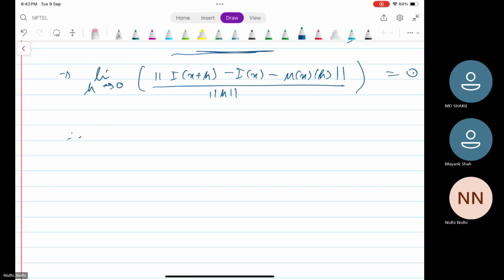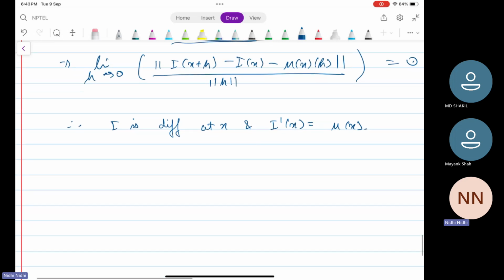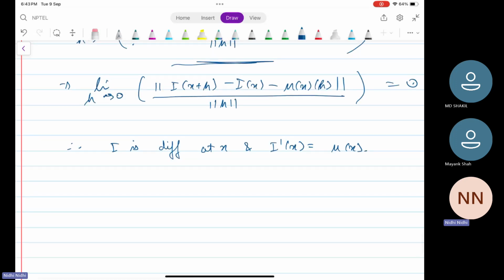Therefore, I is differentiable at x and I dash x is equal to u_x. Therefore I is differentiable, its derivative is u_x, and we wanted to show that it is in C1.